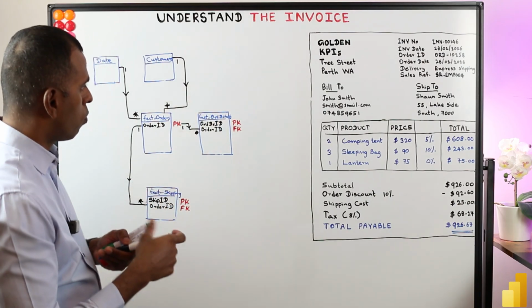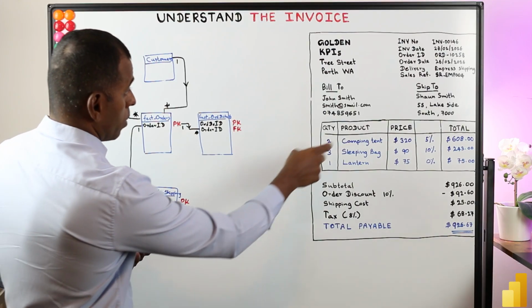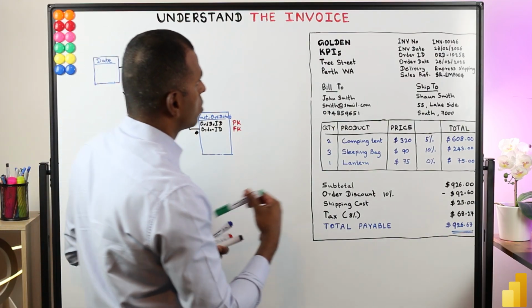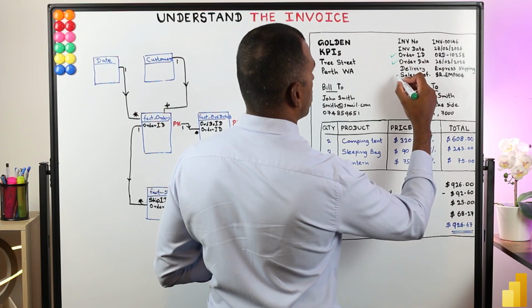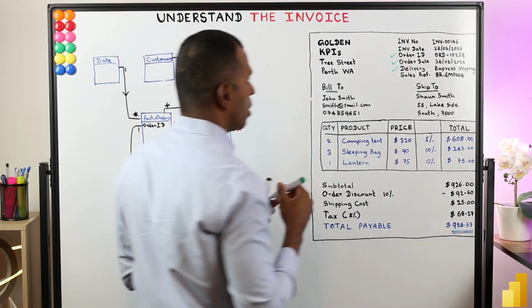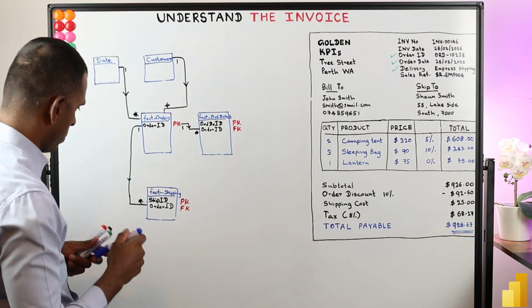Or what are the other fact tables we can use? We took order ID, order date, or delivery express, let's say. So that's the delivery company.